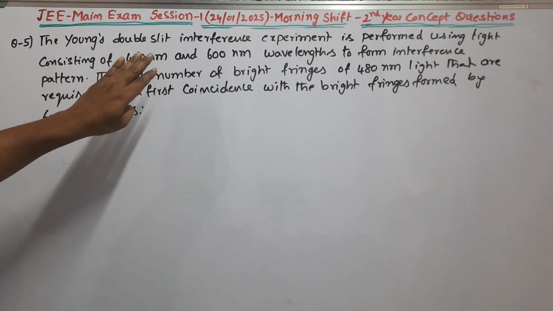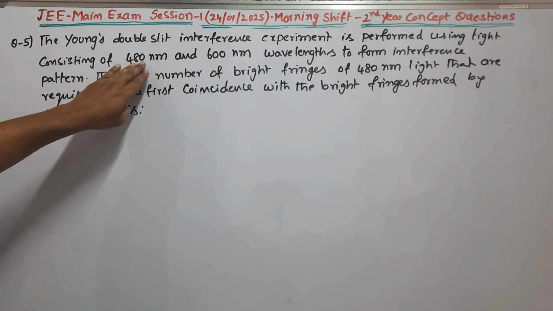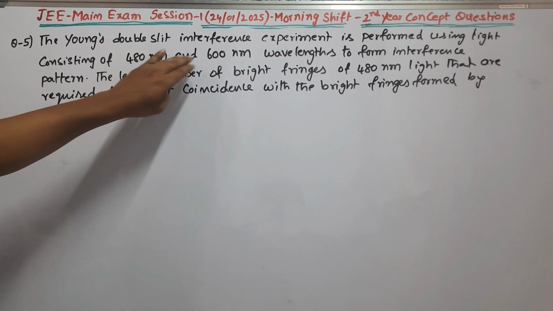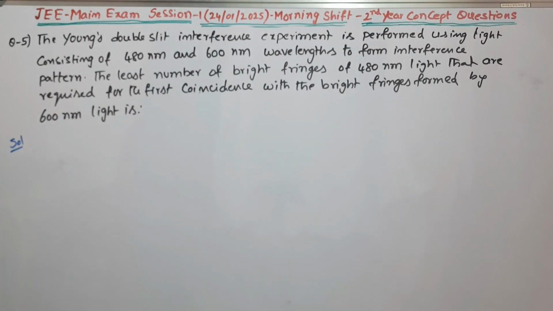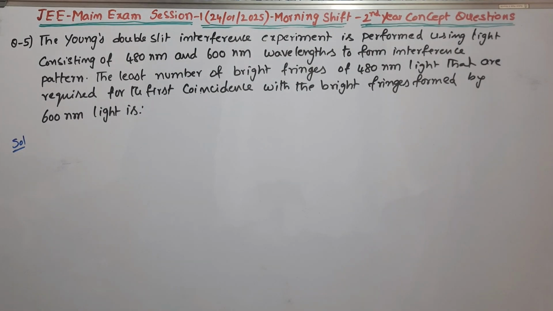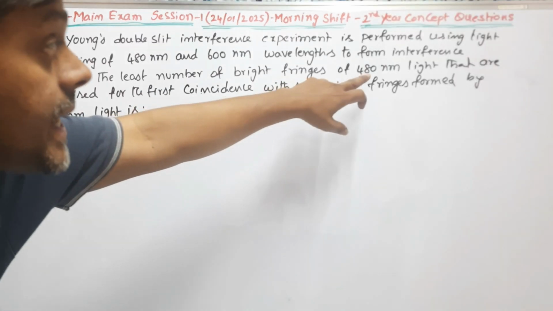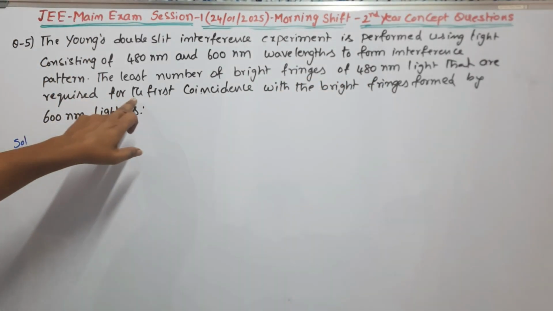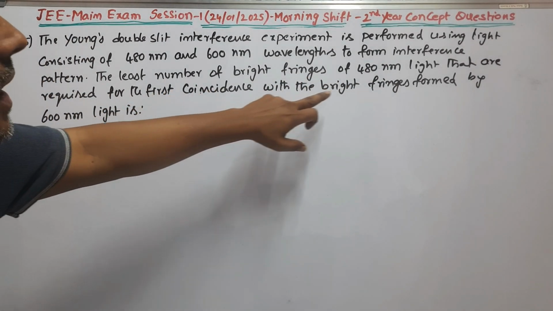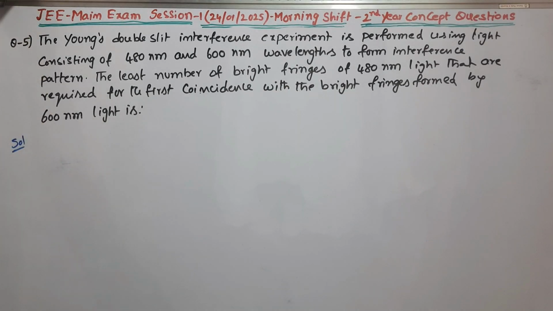This experiment is performed using 480 nanometer wavelength light and 600 nanometer wavelength light. So we need to find the least number of bright fringes of 480 nanometer light required for the first coincidence with the bright fringes formed by the 600 nanometer light.